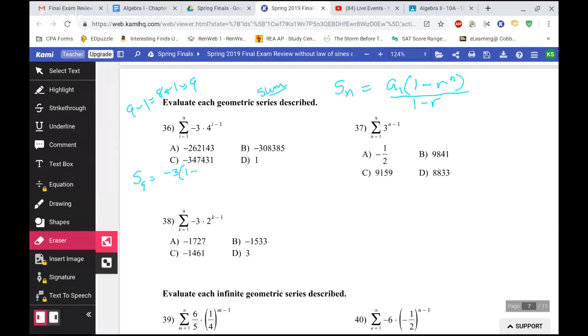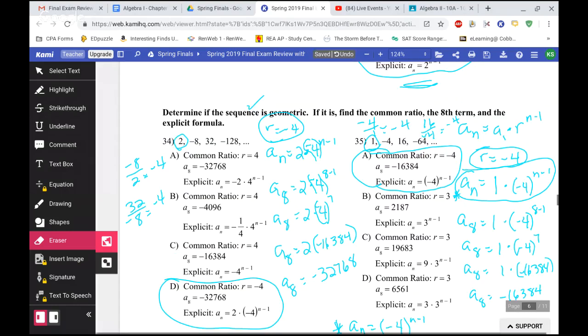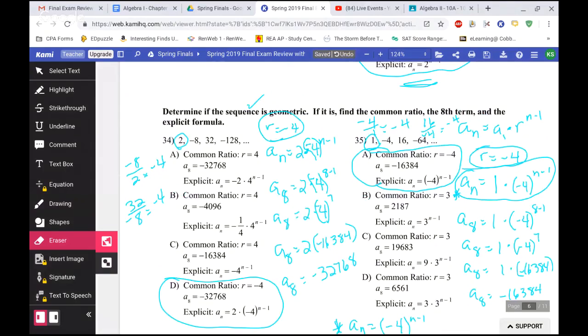How about if I narrow it down and give you a 50-50 shot? Nobody knows? Okay, the common ratio is the one, just like up here, that we associated with the exponent.